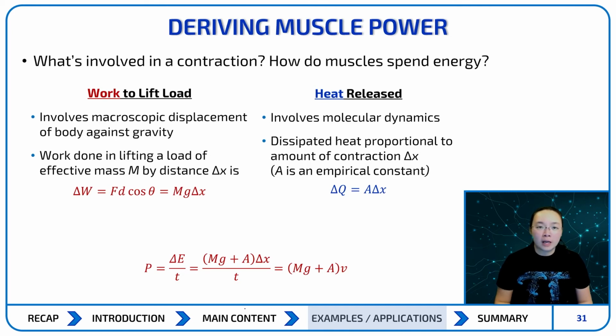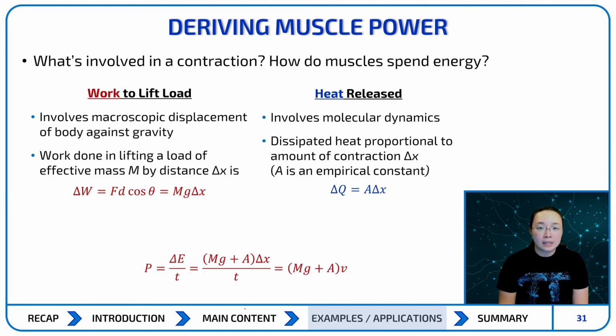So I want my upwards force to be equal to the downwards force. So if my object has a weight of mg, then I'm supplying a pushing force of mg. So with F equals mg, all I have to do is replace d with delta x. And so I get the equation W equals mg delta x.